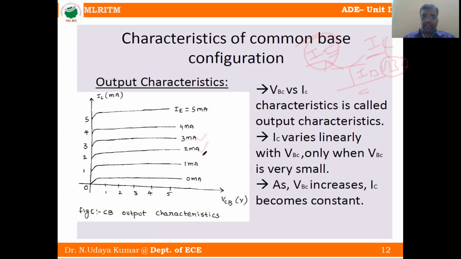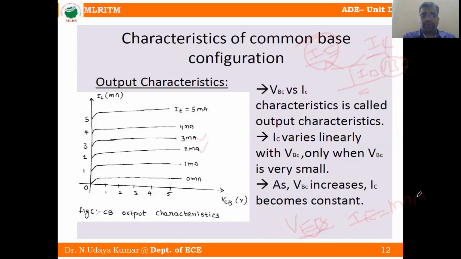First, for output characteristics, by varying the input first junction voltage VEB, we have to fix the IE value. Whenever VEB, the voltage across the emitter base junction, is varying, IE will vary. So by varying this VEB, first we put IE equal to 1 milliampere.